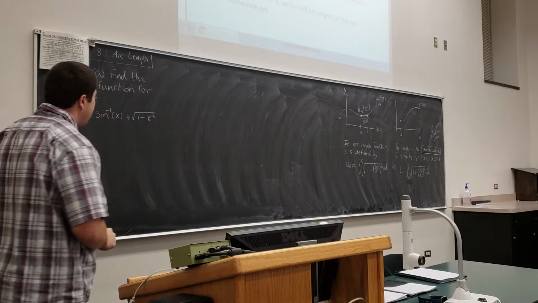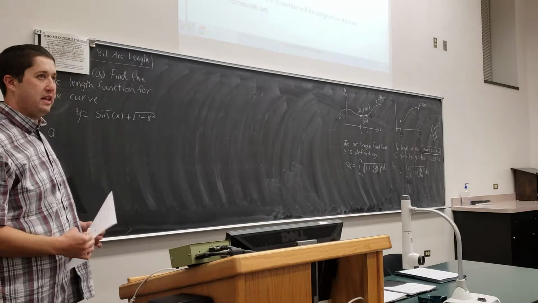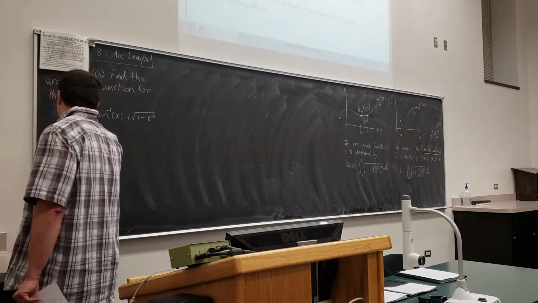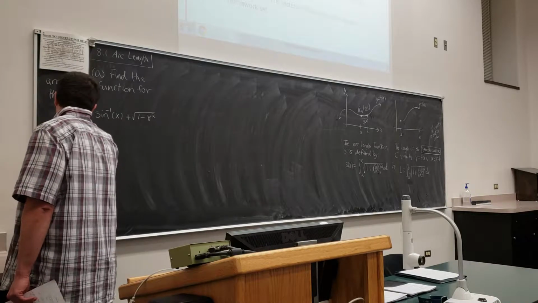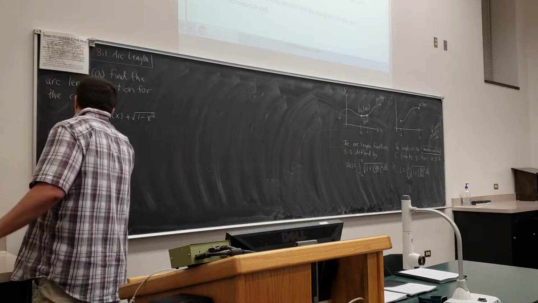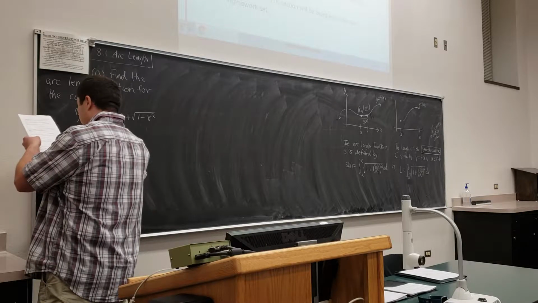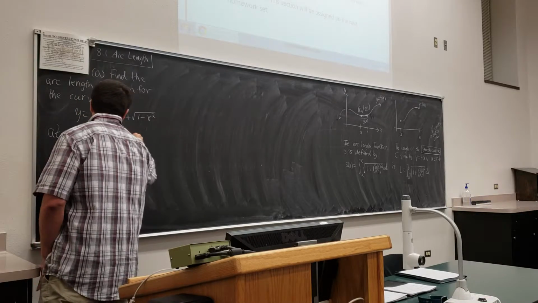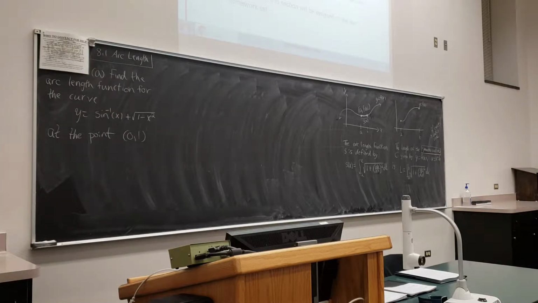And further instructions have to tell us what the base point is, that point A that's used in the formula for arc length. So we'll find the arc length function for the curve there at the point, which is going to be something nice, hopefully, 0, 1. That's very nice. So that's a typical problem that you'll see in the homework. I believe that's the last problem, number 35.